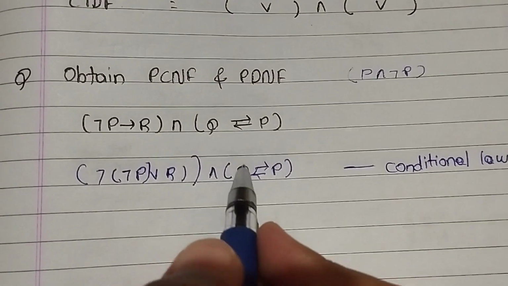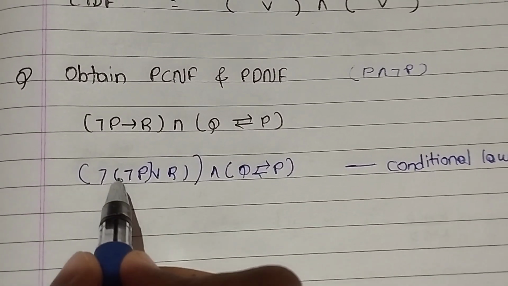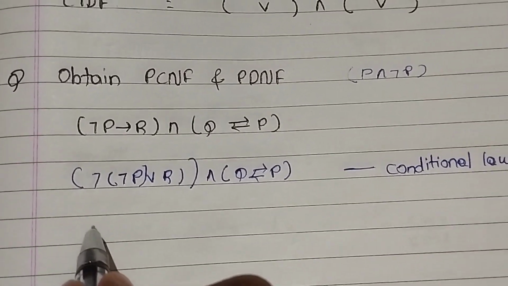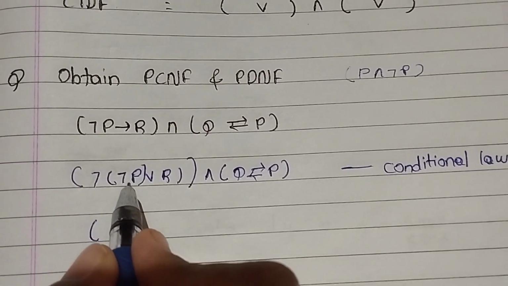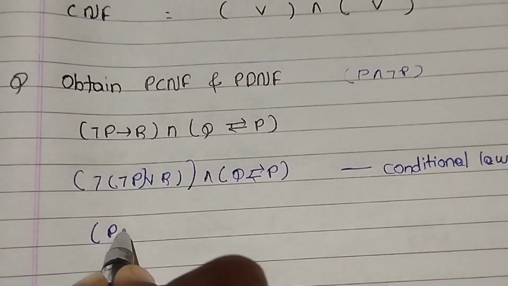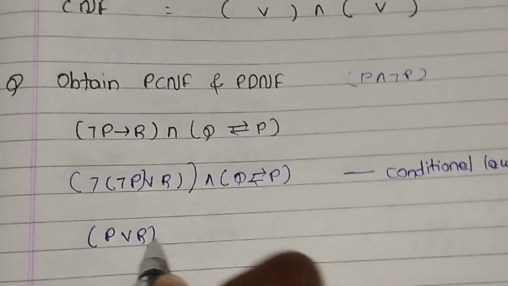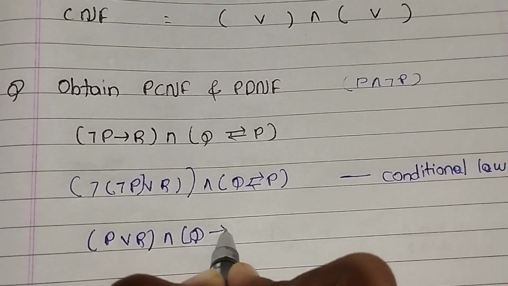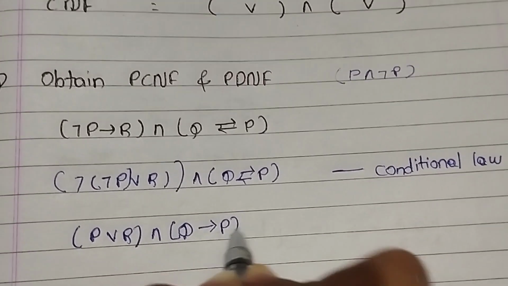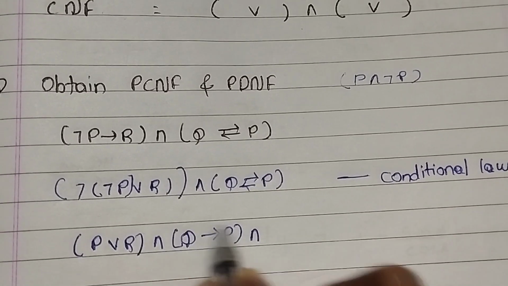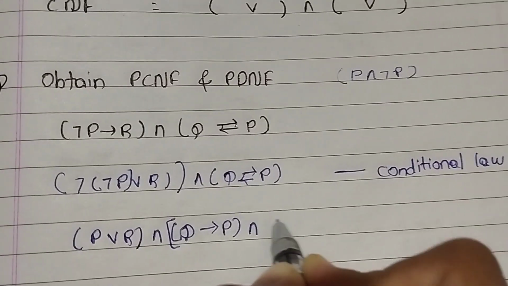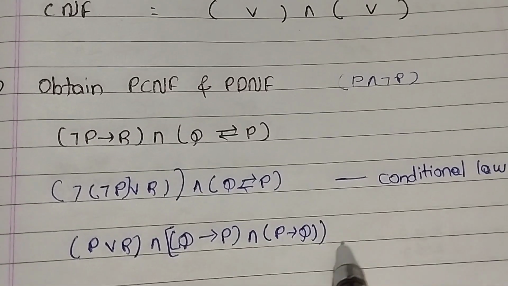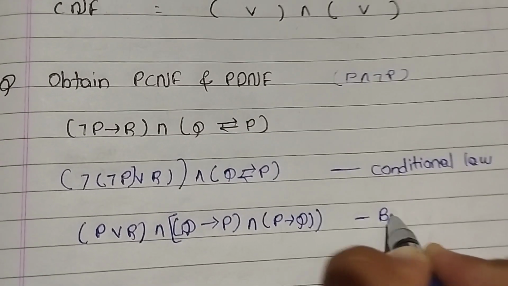Now we use the biconditional law. Here we see negation of negation P, so the double negation cancels and only P or R remains. And here we use the biconditional law: Q and P, and P and Q. This is the biconditional law.